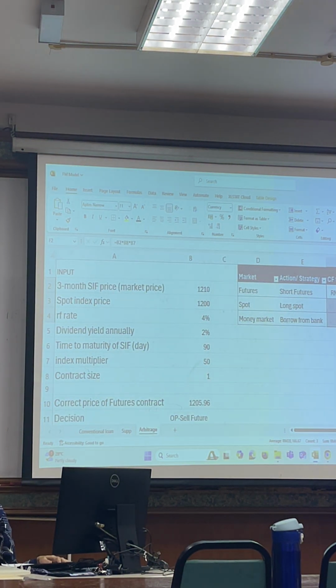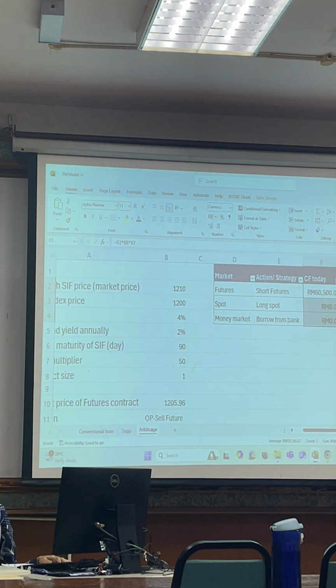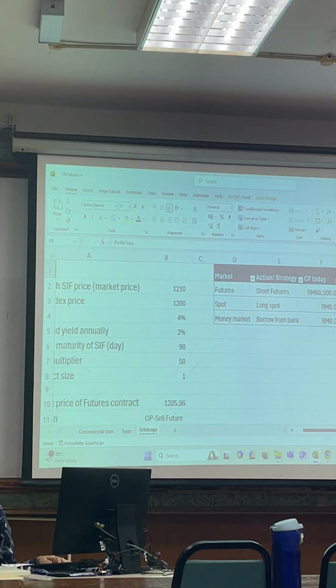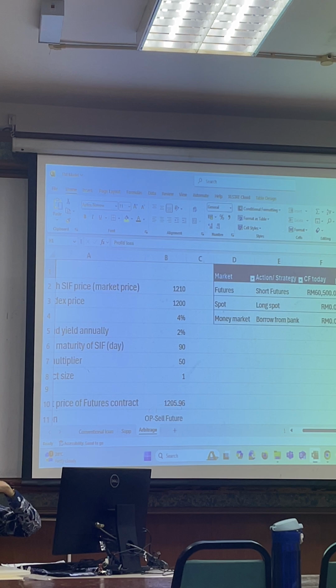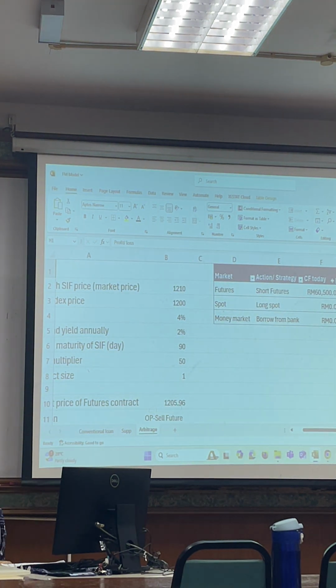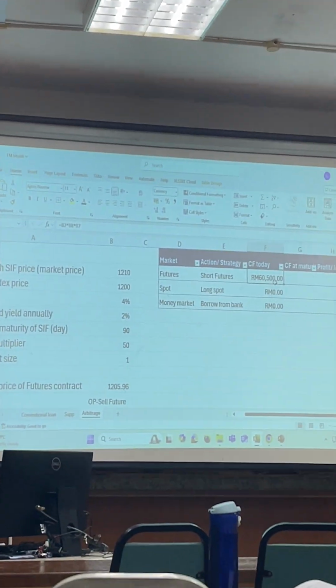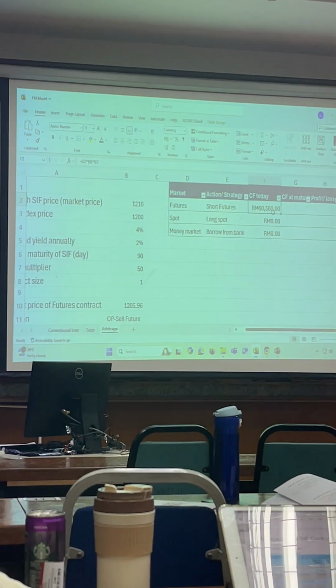Cash flow. Now remember, when we talk about cash flow, you need to make it clear whether it will be a cash inflow or a cash outflow. When we short, it means that we sell the product. When we sell the product, what happens to our cash flow? Do we receive the money or do we pay?